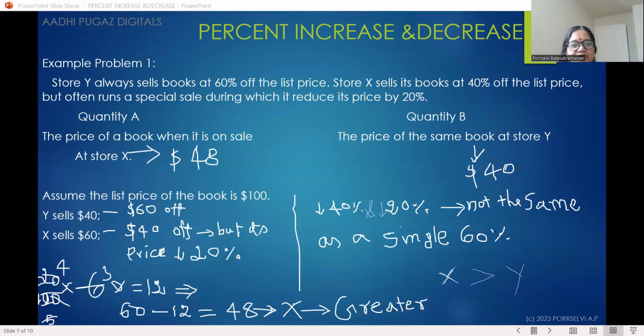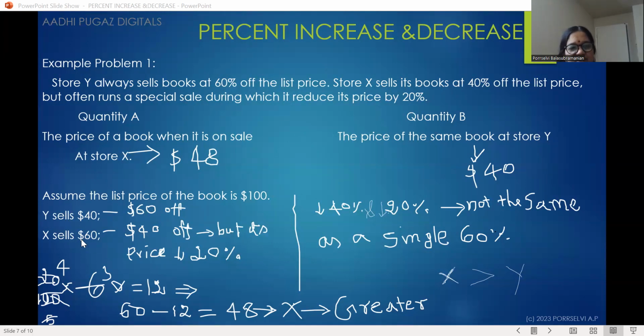Okay, store Y always sells books at 60% of the list price. So 60% of the list price means store Y sells for $40 each book, because it's giving $60 off. Store X sells its books at 40% of the list price, so it's giving only 40% off, meaning it's selling at $60.